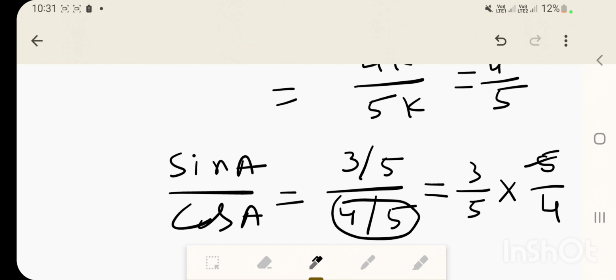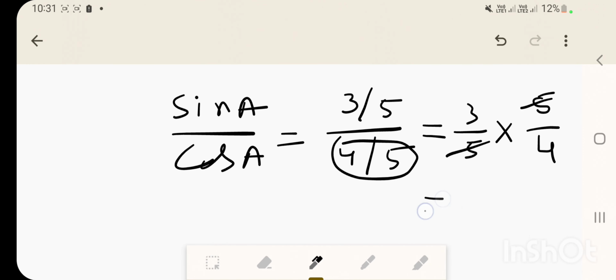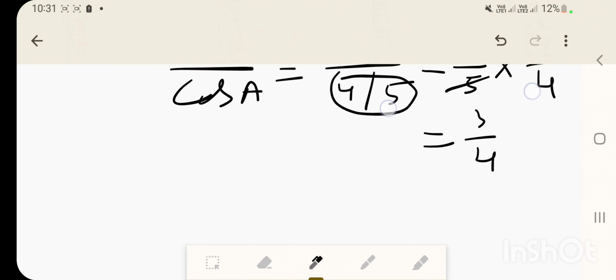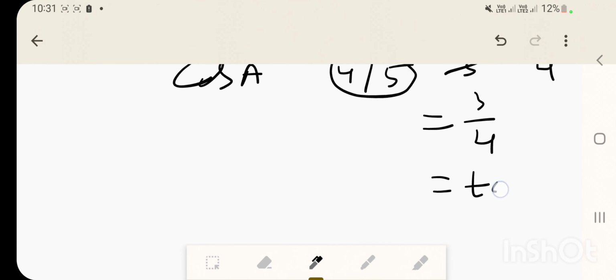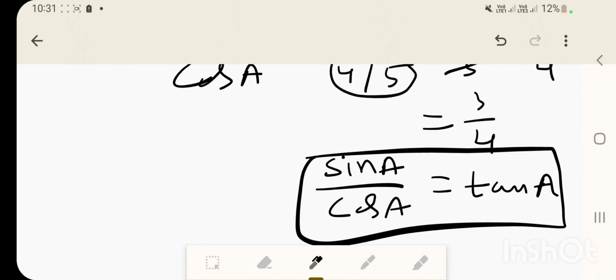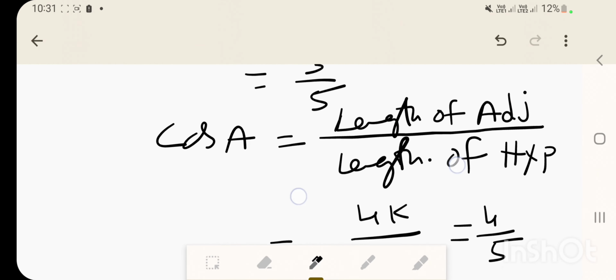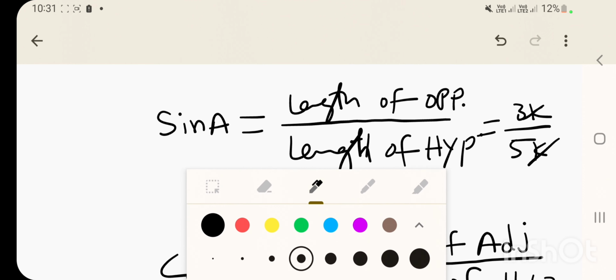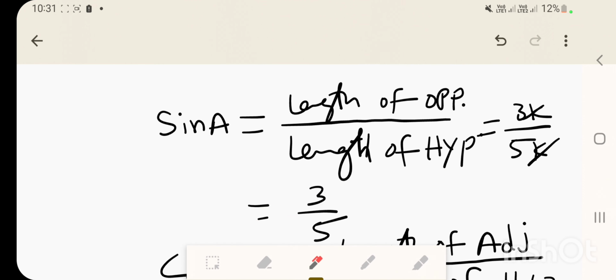So the numerator 5 and denominator 5 will get cancelled, and we get 3 by 4, which is nothing but what we already did as tan A. So we can finally write that sin A by cos A is nothing but tan A.